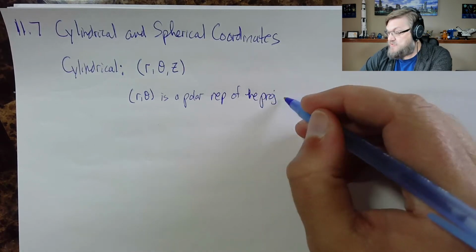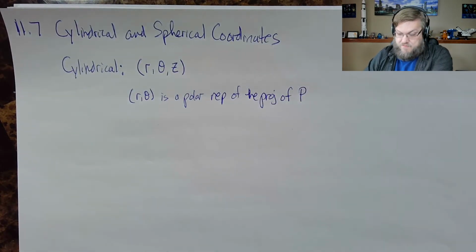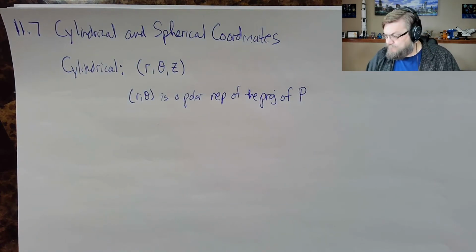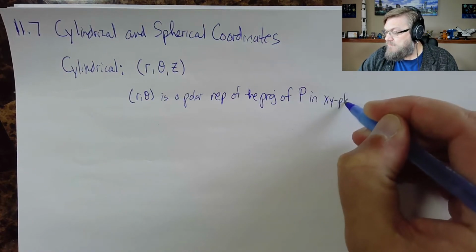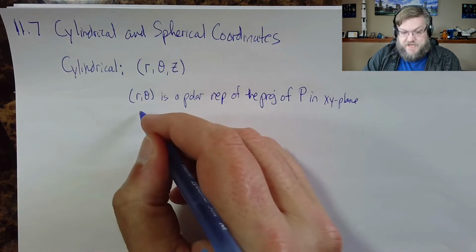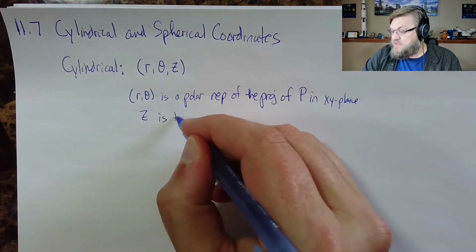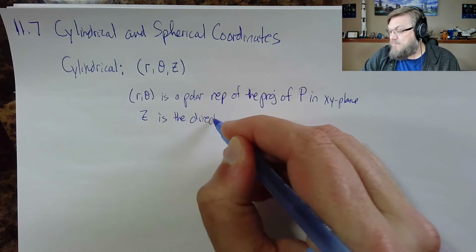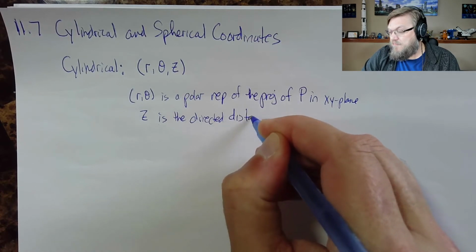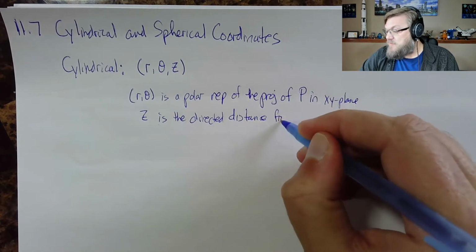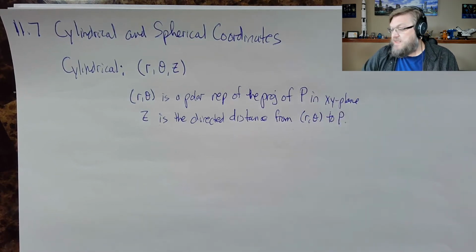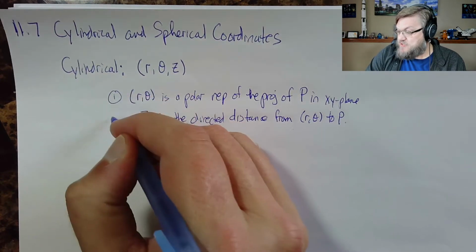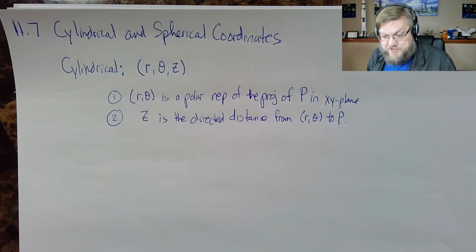I'm definitely going to draw a picture soon, right? But I want to put down a definition first. Projection of P, the point in the XY plane. And then z is the directed distance from that projection, r comma theta, to the point P. Hopefully this will make a lot more sense once we get a picture drawn. All right, but that's in words what we got going on.